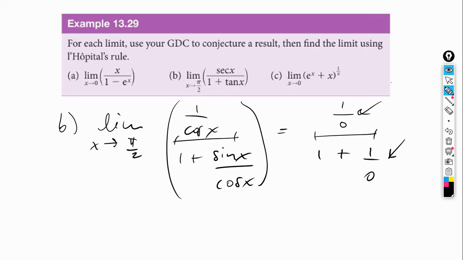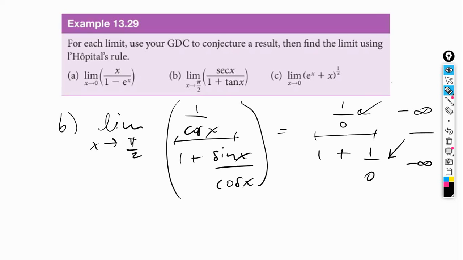So what happens when you approach the value 0 from the left and 1 is divided by that very tiny negative number? Well, you're going to get negative infinity. And the same thing here, if you approach it from the left, you're also going to get negative infinity. So negative infinity plus 1, we can just ignore the 1. So this is negative infinity over negative infinity if you approach it from the left.